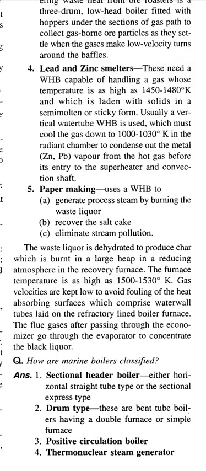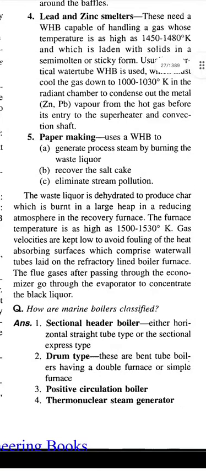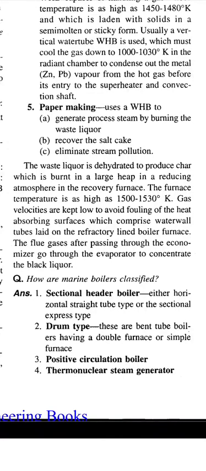Paper making uses a waste heat boiler to generate process steam by burning the waste liquor, recover the salt cake, and eliminate stream pollution. The waste liquor is dehydrated to produce char, which is burnt in a large heap in a reducing atmosphere in the recovery furnace.